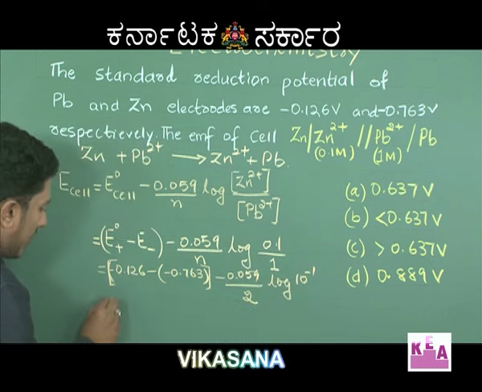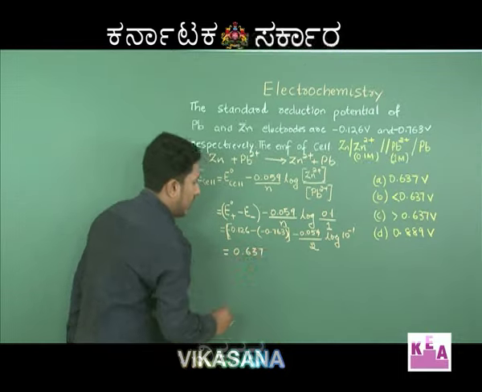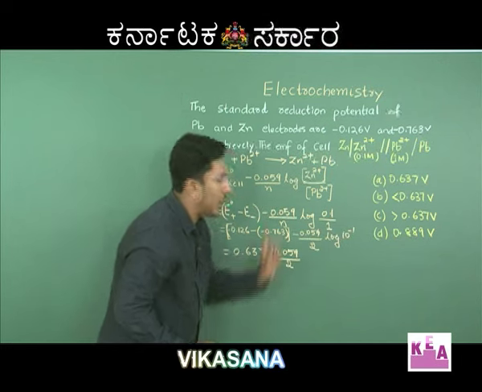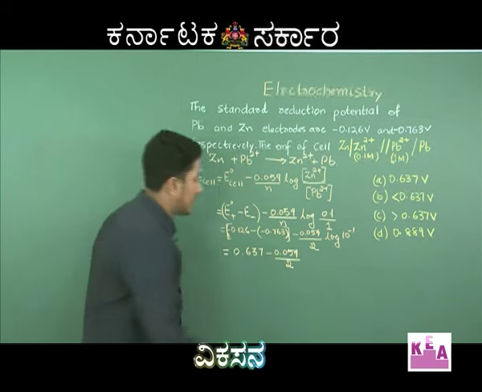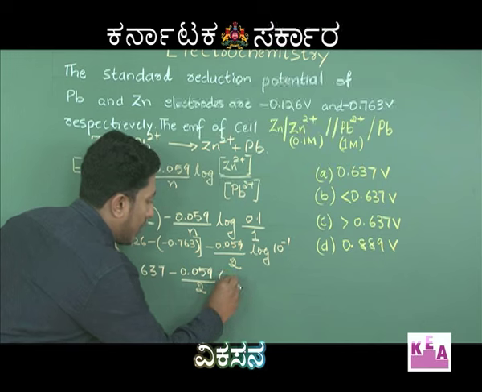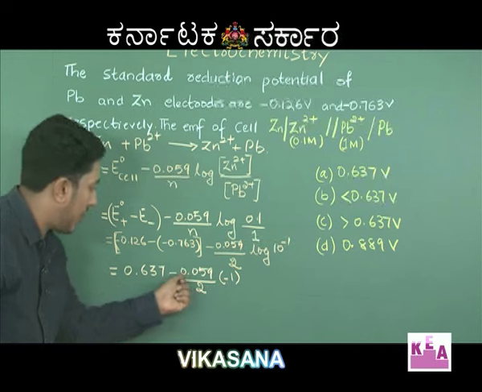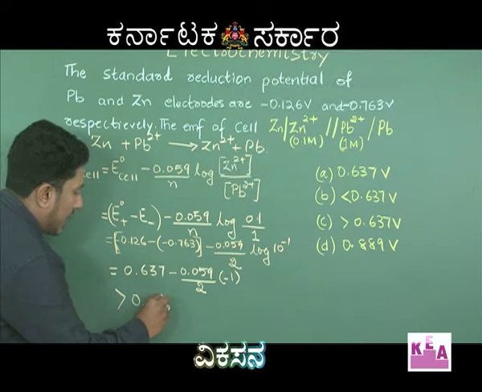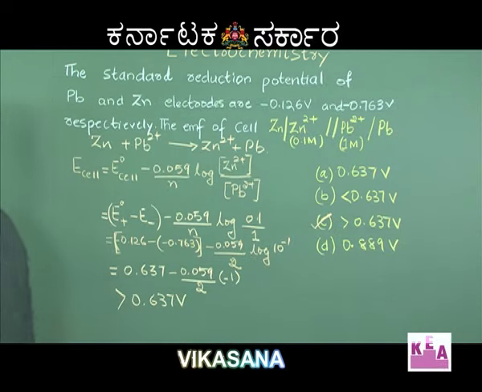On simplification, you will get the value equal to 0.637 minus 0.059 divided by 2. Log of 10 to the power minus 1 is minus 1 into log 10, where log 10 is equal to 1. Minus of minus will be plus. Hence, the value will be greater than 0.637 volt. Hence, option C is the right answer.